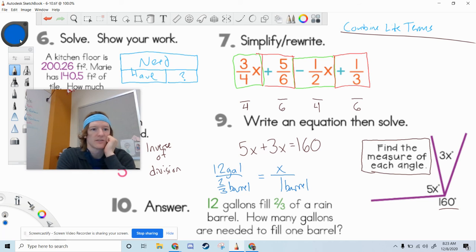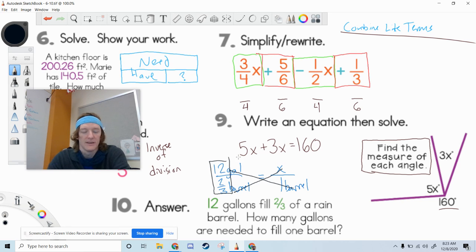There's plenty of ways we can solve this, but most likely you're doing cross multiplying, or some of you called it the butterfly method, where you're doing 12 times 1, and you're going to end up dividing by this. Or maybe you just recognize that 12 divided by 2/3 is the same thing. So you'll be able to solve that proportion there.